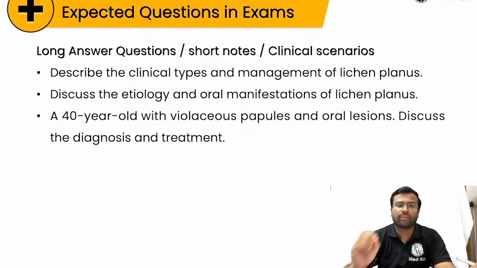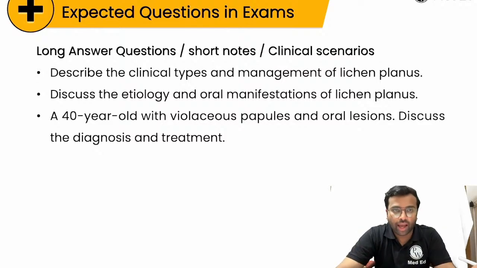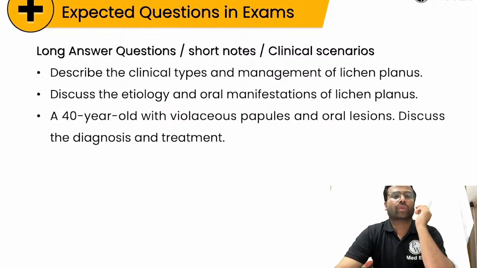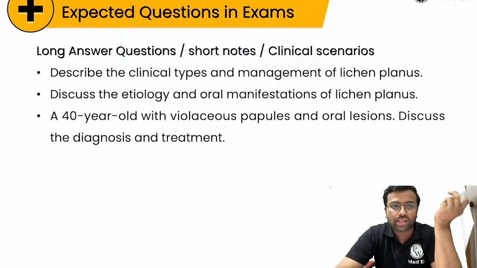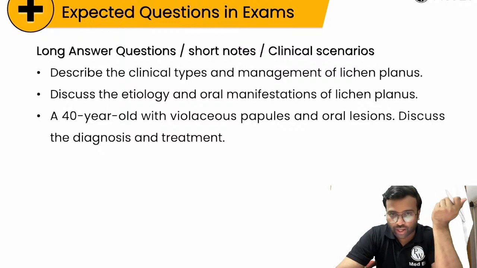Either it can be direct: tell us the clinical types and management of lichen planus. Or they can ask you to discuss the etiology of lichen planus and the oral manifestations of lichen planus.